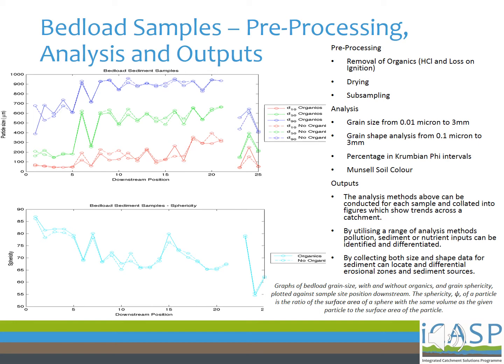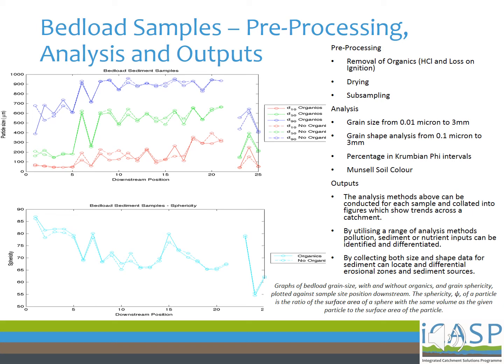The graph is from the same sampling project as the previous slide, but this time shows the analysis of the bed load. The top graph shows the D10, which is a red line, the D50, the green line, and the D90, which is the blue line, for each sample, where half of the sample had the organics removed by loss on ignition after it had been dried, and the other half was just dried.